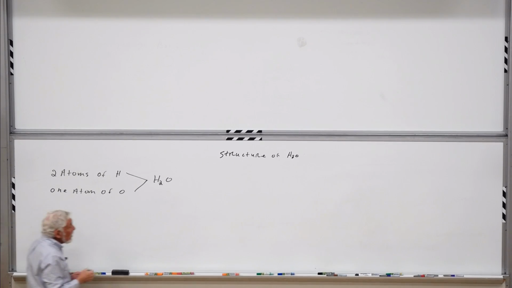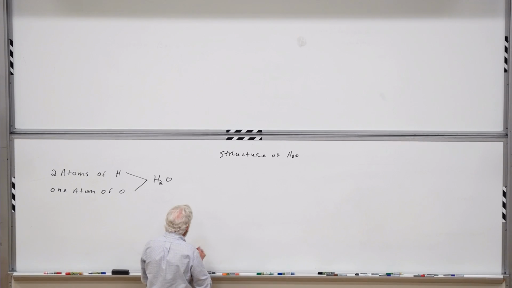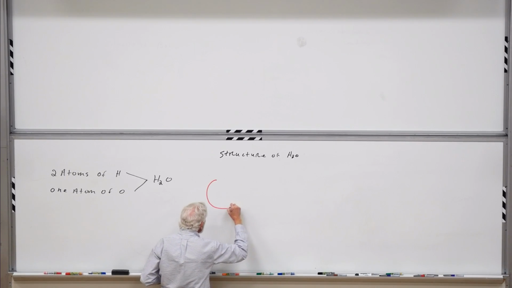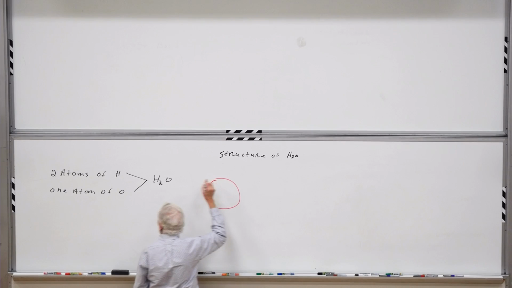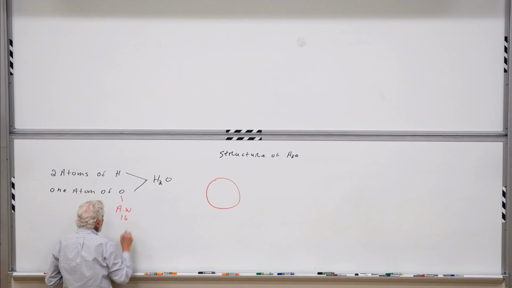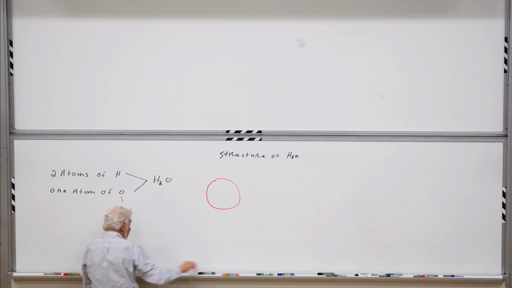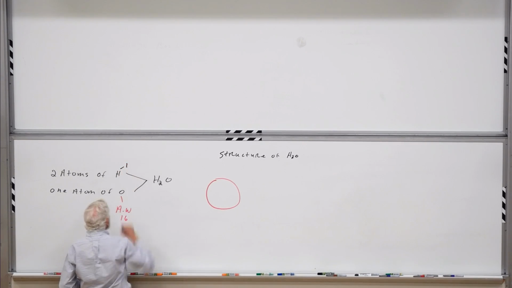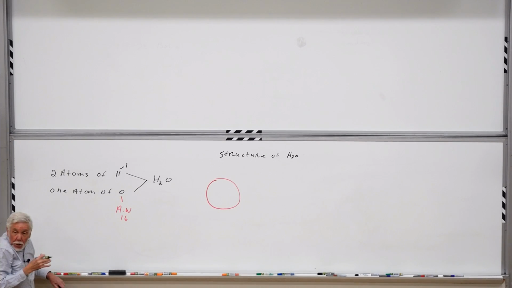Now, if we look carefully at this molecule, we see that we have an oxygen with an atomic weight of 16 that is considerably larger than the hydrogen with an atomic weight of 1. The hydrogen, in fact, if you remember your chemistry, is typically composed of only one electron and one proton.